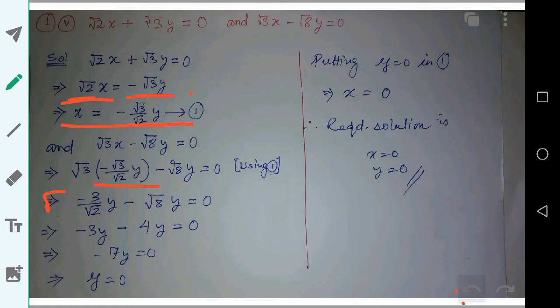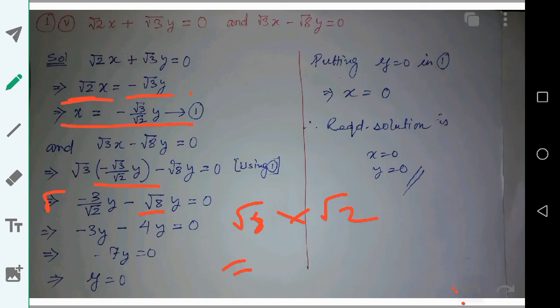And this is root 8, root 8 into root 2, that is root 16, which is equal to 4. So that's why we have got here minus 4y. As there is minus root 8y, on multiplication by root 2 it gives minus 4y.